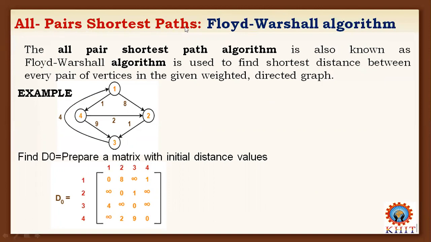The all pair shortest path problem is used to find the shortest path or distance between every pair of vertices in the given weighted directed graph.